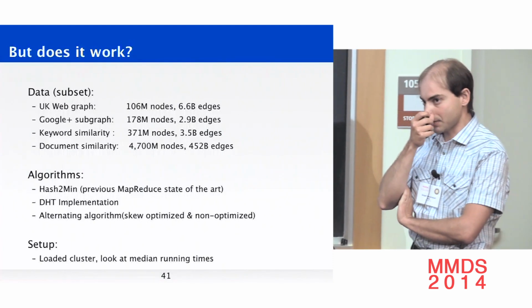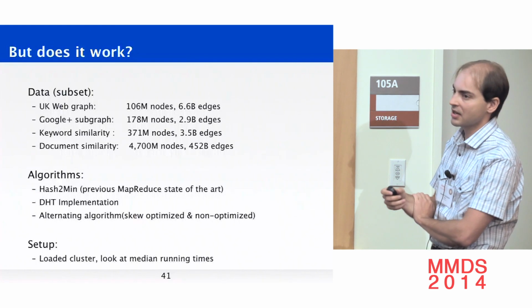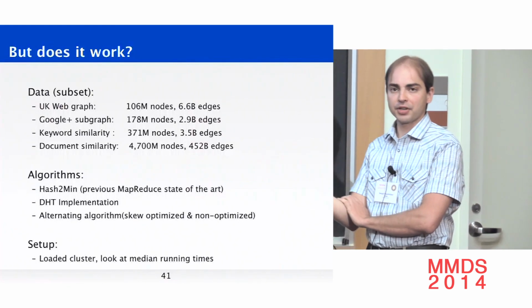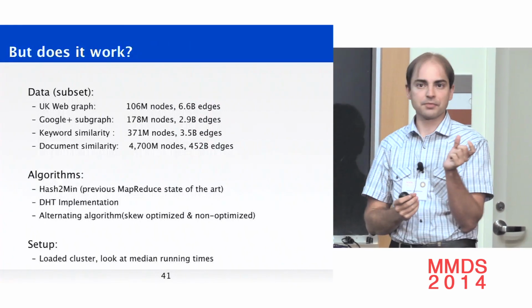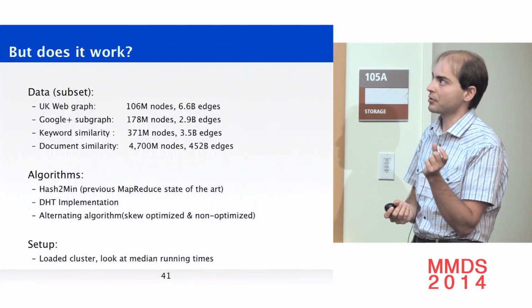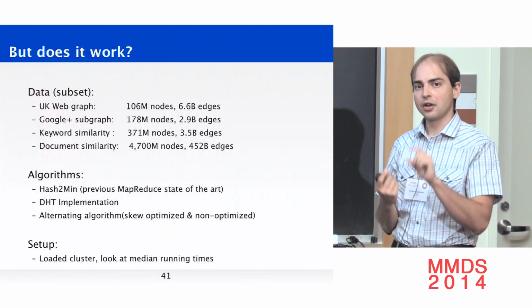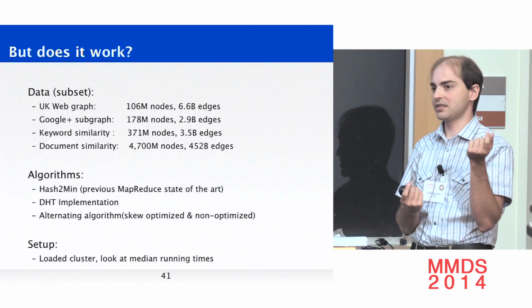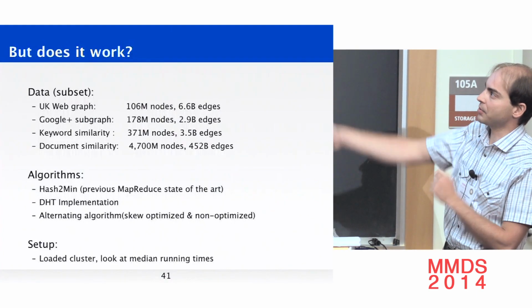What are the algorithms that we ran this with? We ran this with a lot more, and we can talk about the other details. There was an algorithm that appeared a couple of years ago, for MapReduce implementations, that was the state-of-the-art approach. Then we have 2 algorithms that we compared. One is if you have a distributed hash table on hand, which is the DHT implementation.